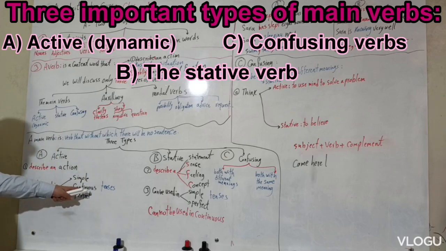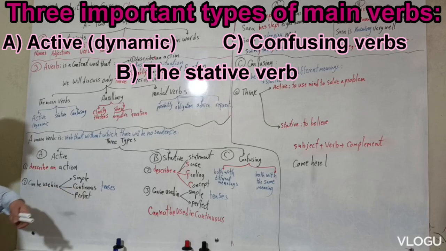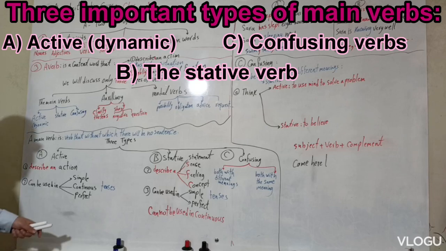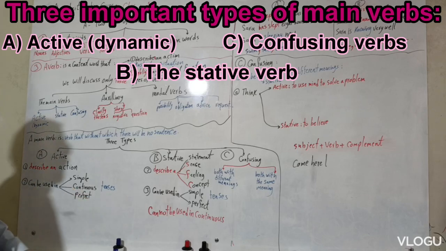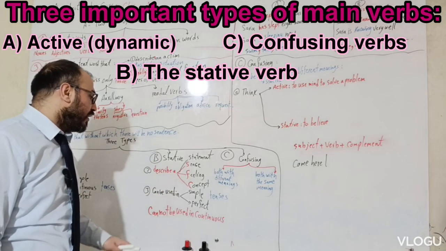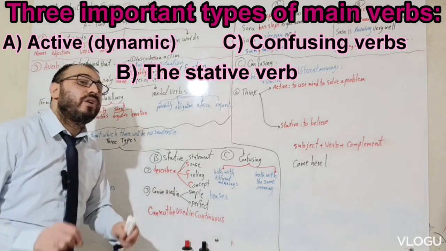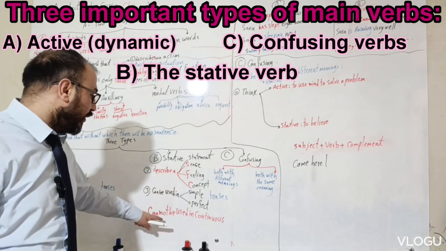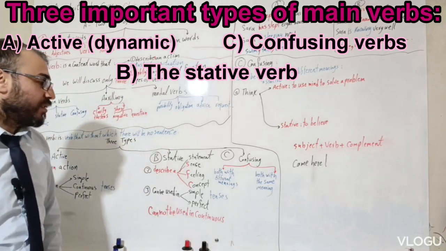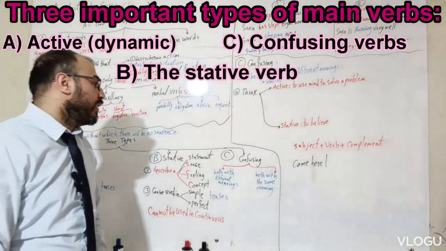And we can use it with present continuous, past continuous, present perfect continuous, or past perfect continuous, or any other continuous sentence. We also use it in present perfect and past perfect. For the stative verbs, my friends, we can use them only in the simple tenses and the perfect. We cannot use a stative verb generally in a continuous tense. We're going to take an example later.